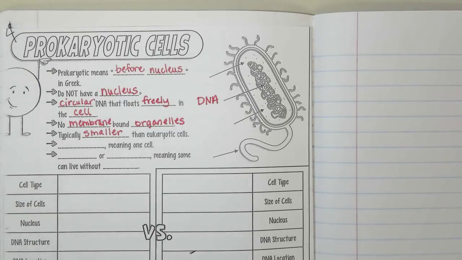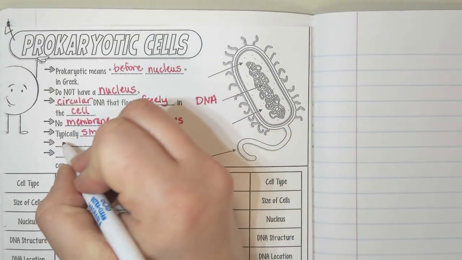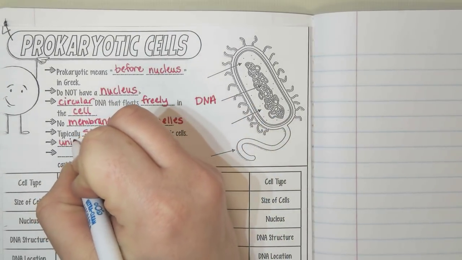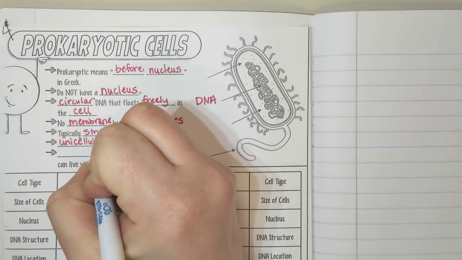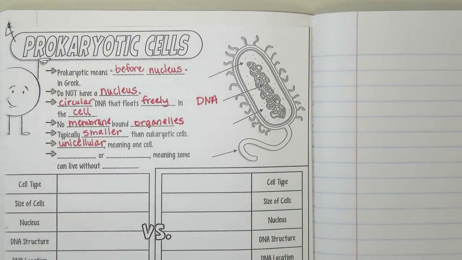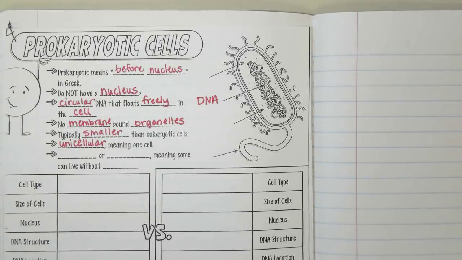Most prokaryotic cells form organisms or living things that can be as small as just one cell. So sometimes we call those organisms unicellular. Uni, that prefix, means one. Think about a unicycle, right? It's like a bicycle, but only one wheel.